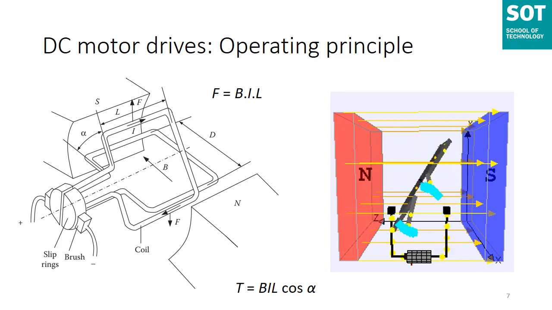And if the magnetic field is produced by permanent magnet, it is simply called a permanent magnet DC motor. The coil which is rotating, which is carrying the electric current, is called the armature. Practically, the armature consists of several coils. To obtain continuous and maximum torque, slip rings and brushes are used to conduct each coil at a position of alpha equal to 0.